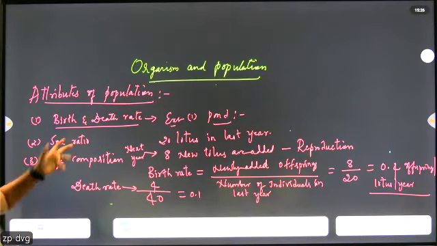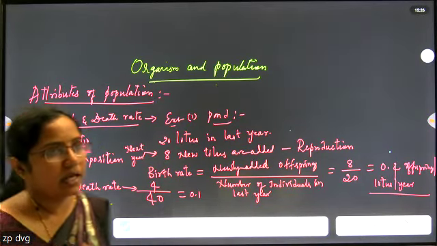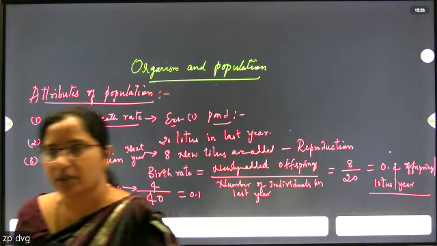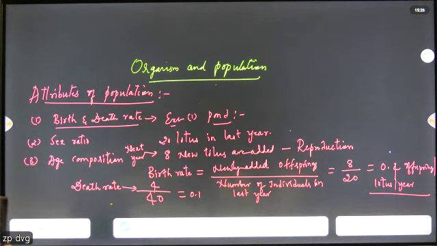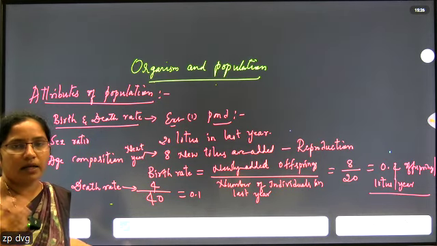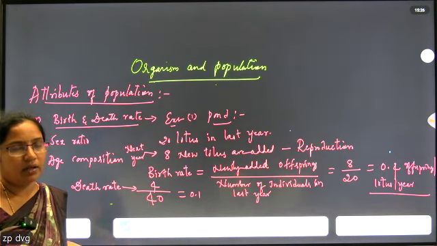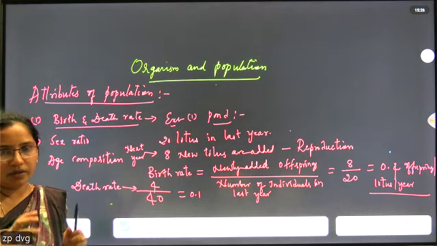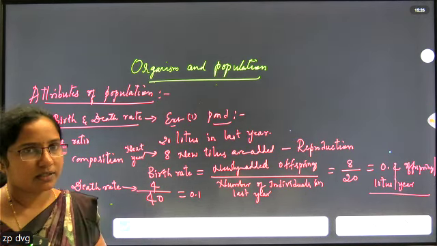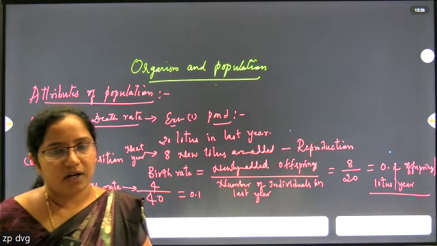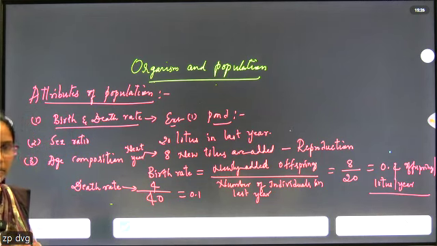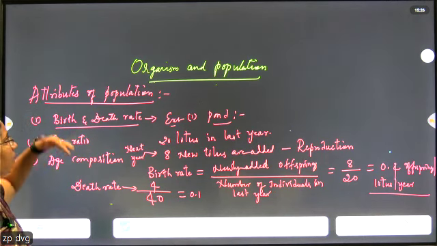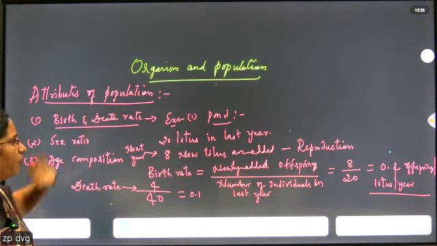For organisms, for example in a forest, the tiger population can be given by using their pug marks as well as fecal content available in that area. These are the criteria used for the explanation of attributes of population.